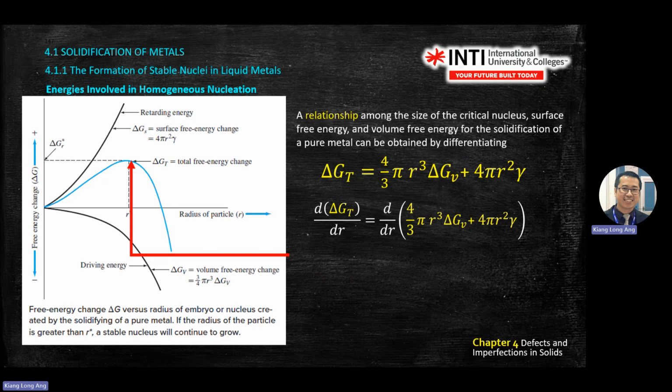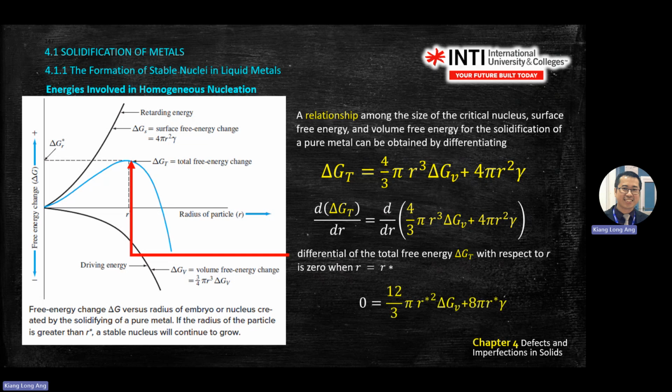So when you do your differentiation, this one doesn't matter because it's a constant. This one, 4 pi gamma, is also constant. So you pull all the constants out, then you do the differentiation. For example, this one becomes 3r squared. This one becomes 2r.